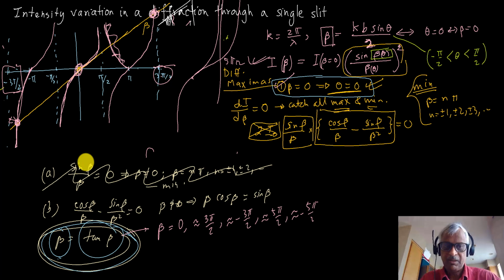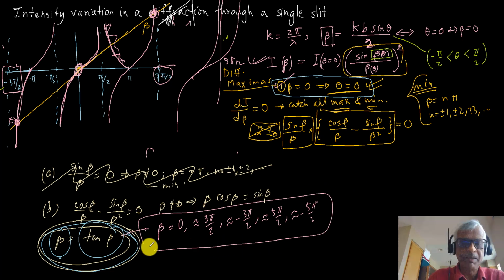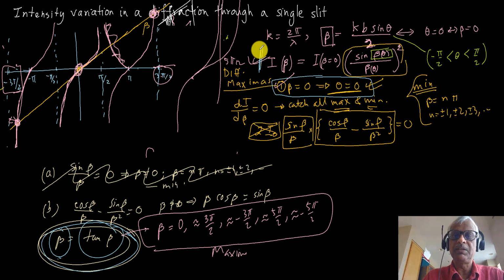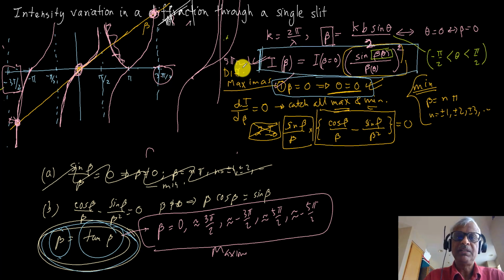So these are all the so-called maxima. This particular formula that I wrote down here actually tells us where the maximum and minimum are.